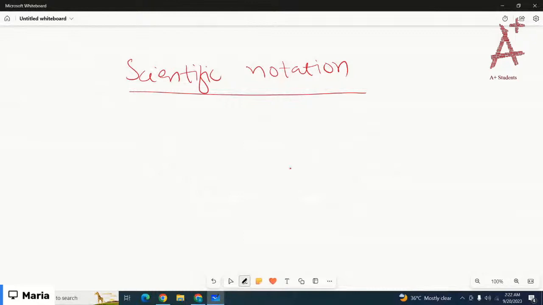So scientific notation is a way, you can note down the definition, right? It is the way of expressing numbers. And what type of numbers?